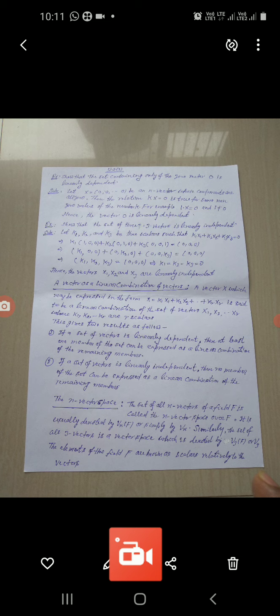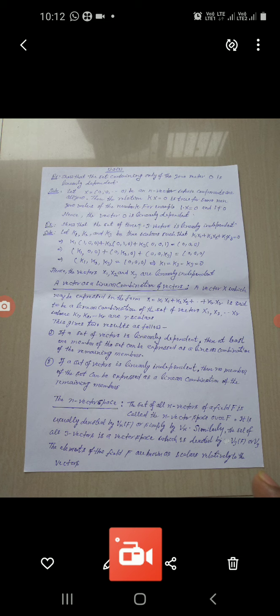Solution. We assume that x equal to 0, 0 and so on 0 be an n vector whose components are all 0.